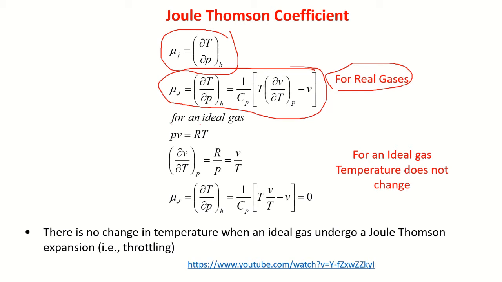For an ideal gas, PV equals RT, so you find dou V by dou T and substitute into this equation, and it becomes 0. That means for an ideal gas, temperature does not change. Enthalpy at the inlet equals enthalpy at the outlet, so temperature at the inlet equals temperature at the outlet. You can click on this YouTube video; there is a good explanation of the Joule-Thomson effect.